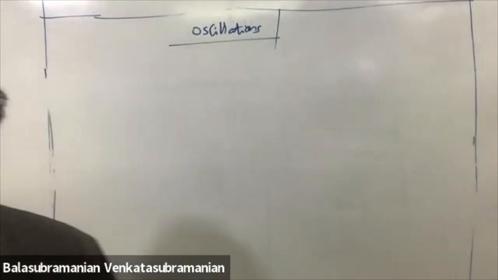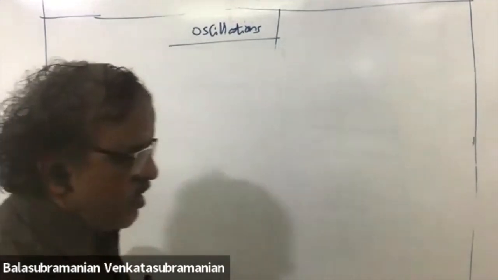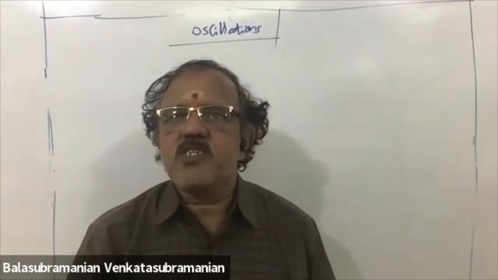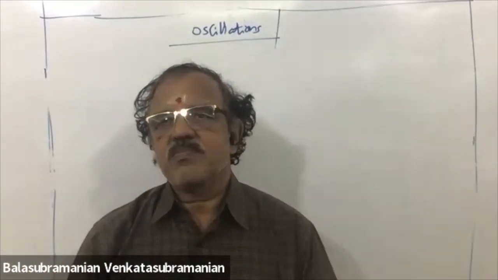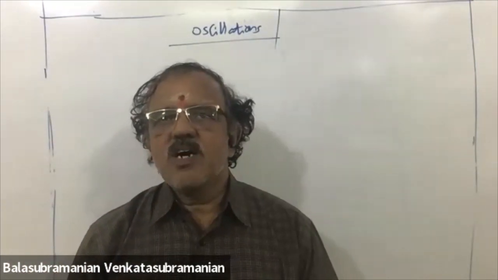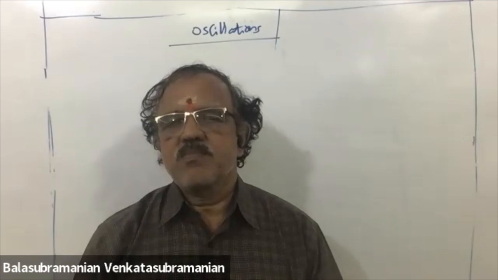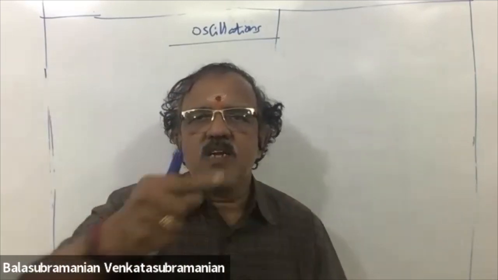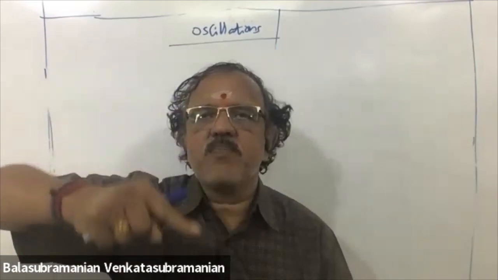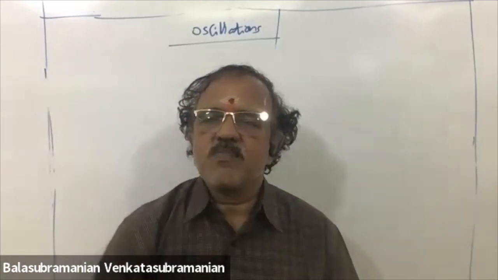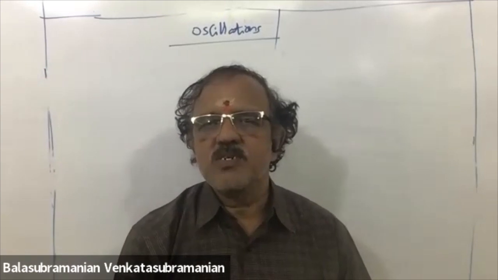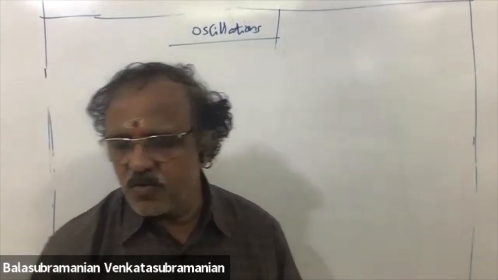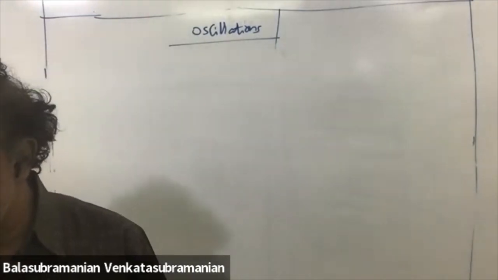Now, a body vibrating from the mean position again and again is called simple harmonic motion. Oscillation also we have seen. A particle vibrating from the mean position again and again is simple harmonic motion. So using that, we can define a few functions or quantities.